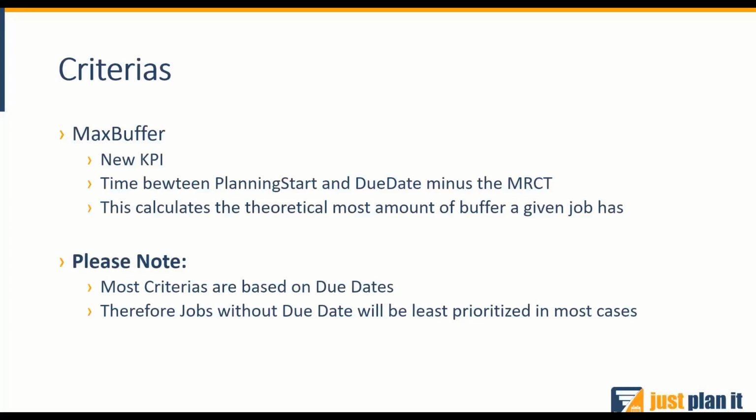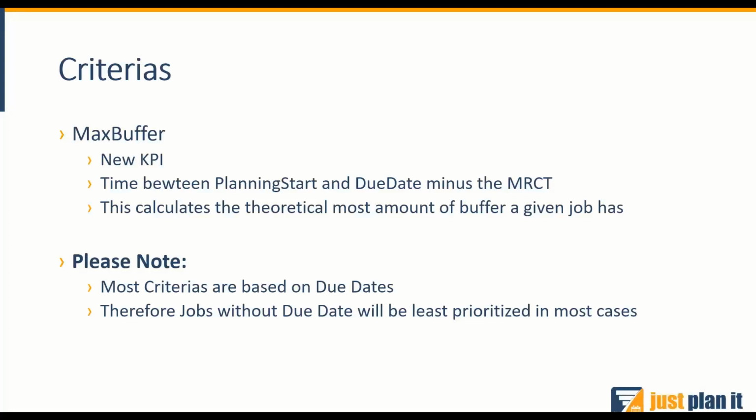So what do I mean by this? This is about the time between the planning start, so the earliest point that a job can start, and the due date minus the rest time that this job needs. So coming back to our example from earlier, we had a job that ended on Tuesday, but let's say it started on Monday, because our planning start is Mondays.